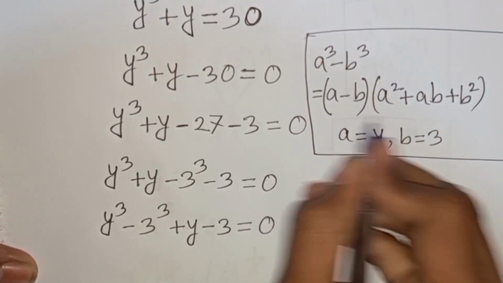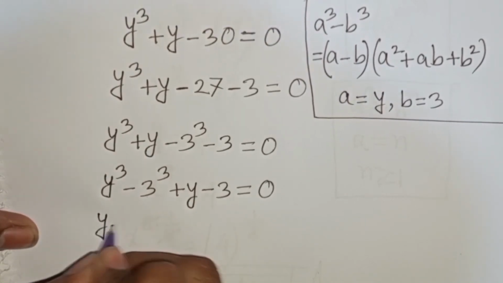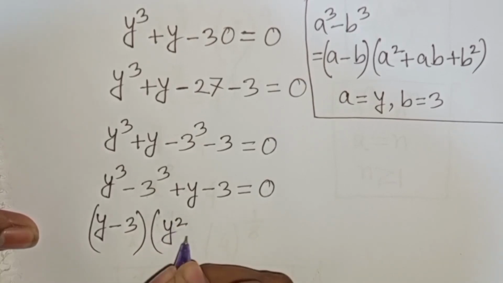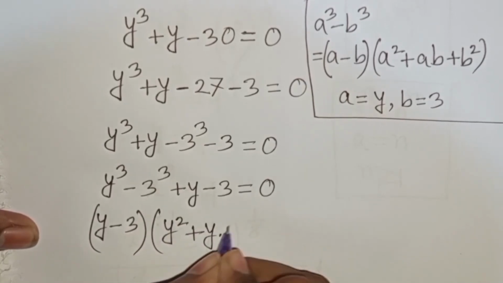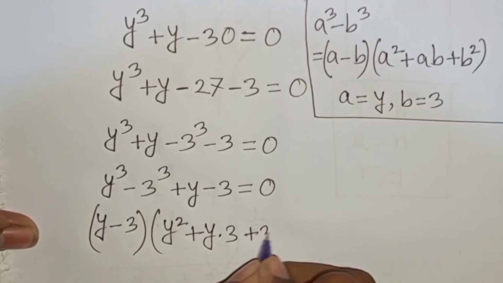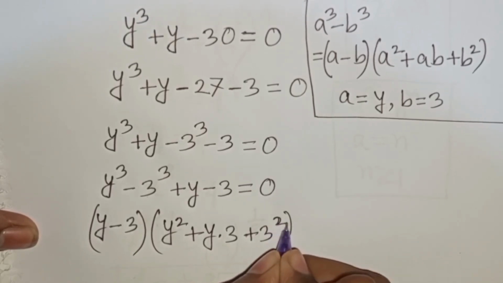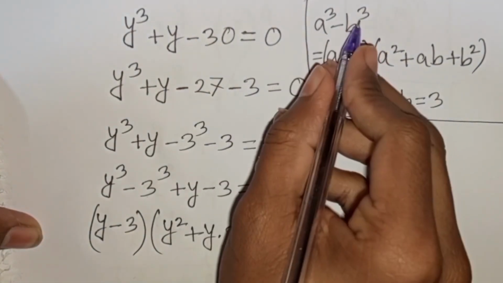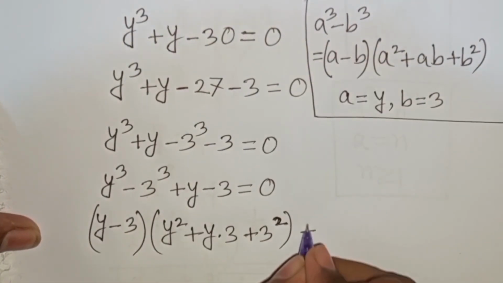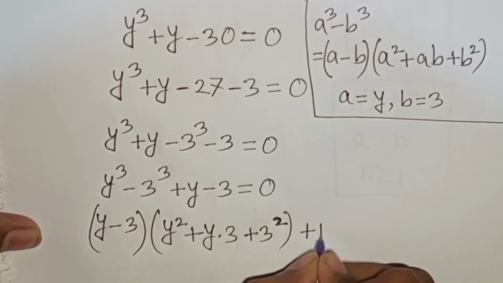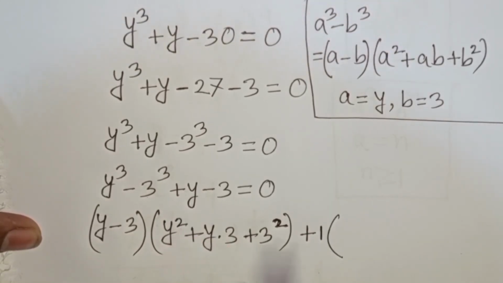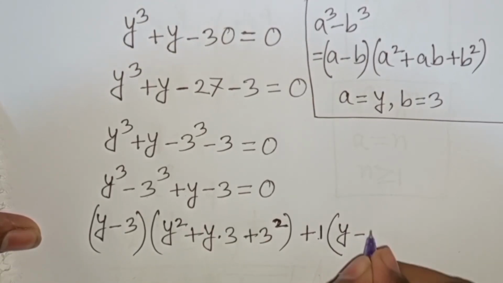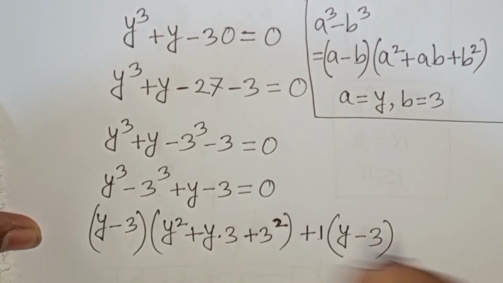So I can write here y minus 3 times y square plus y times 3 plus 3 square. That means this is the formula of a cube minus b cube. Then plus, here plus 1 is common, so plus 1 is out of the bracket, so this divided by this, that means it will be y minus 3 divided by plus 1, that means it will be minus 3, then bracket close is equal to 0.